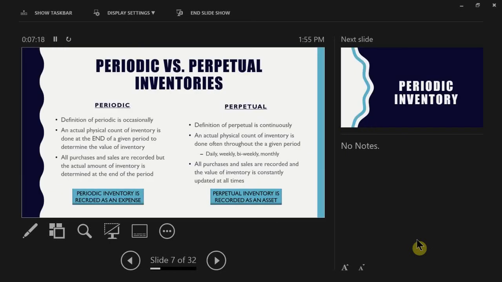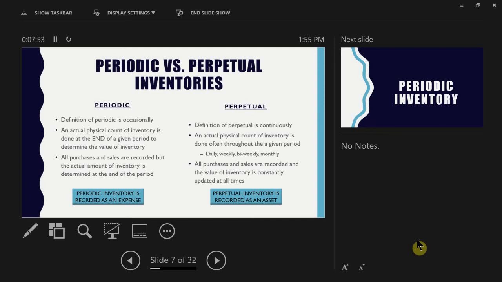All right, so inventory tracking methods. We learned what periodic is and we learned what perpetual is. We know that periodic is every once in a while. A big notion is that at the end of any given period, typically you would have someone run down to the basement, warehouse, whatever it is, to take a physical count of your inventory. They don't keep track every single day. They don't count what has been sold.